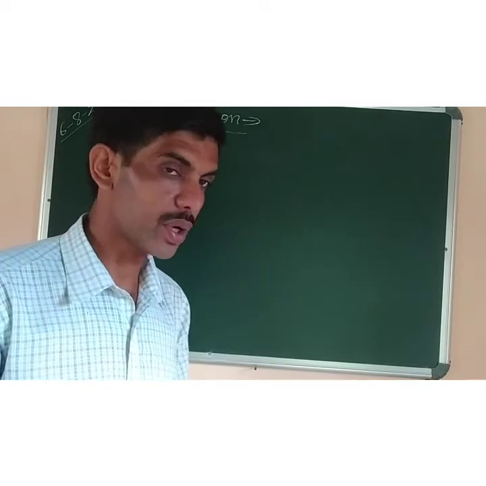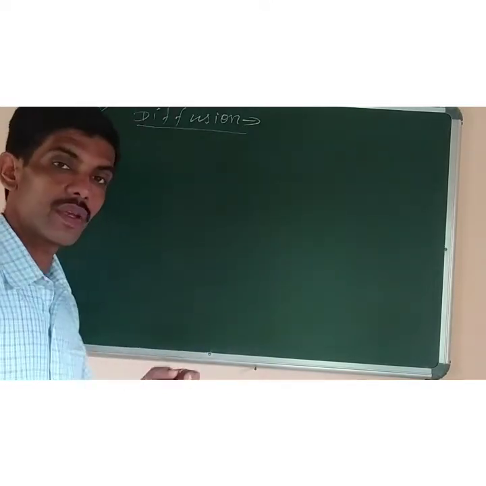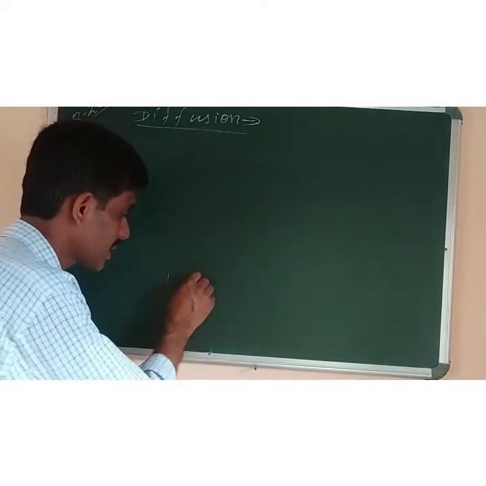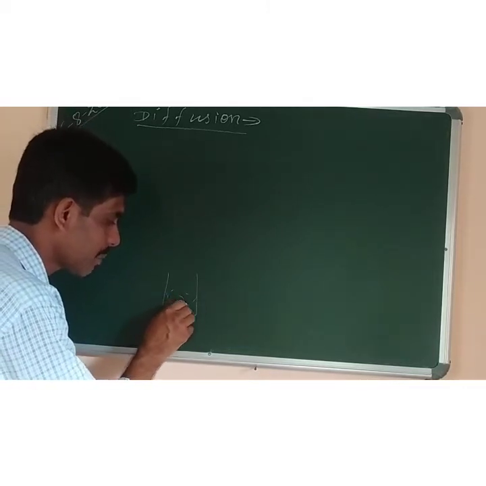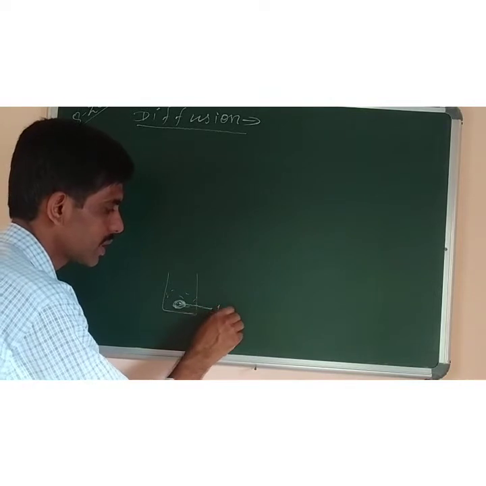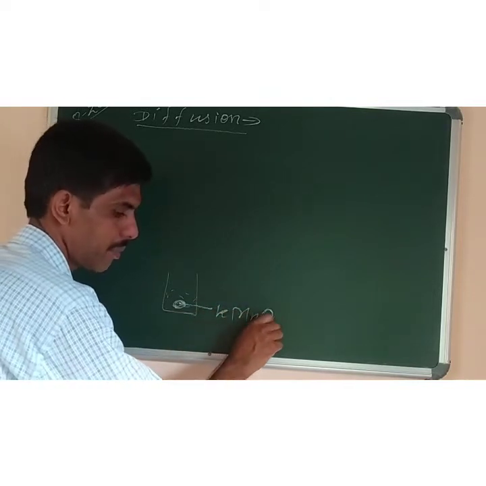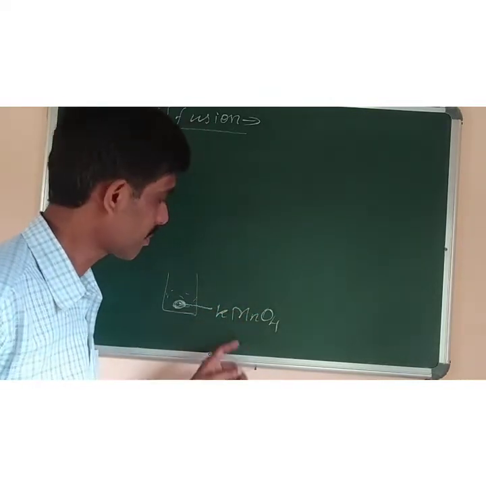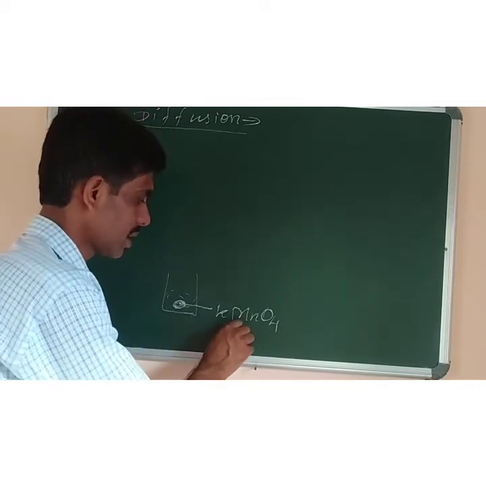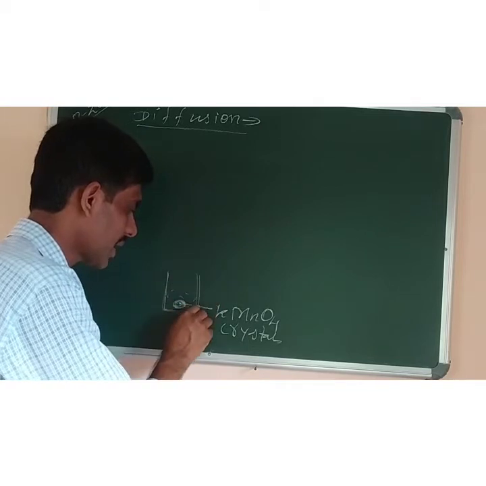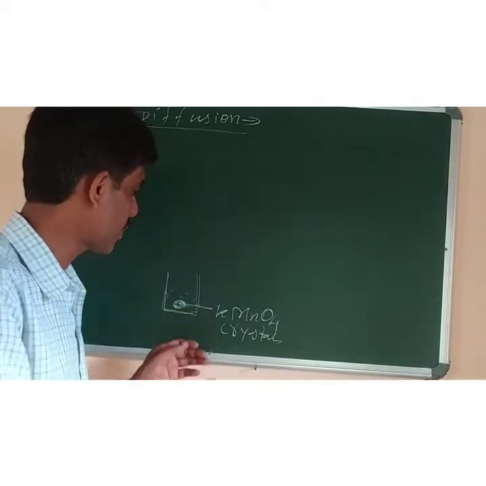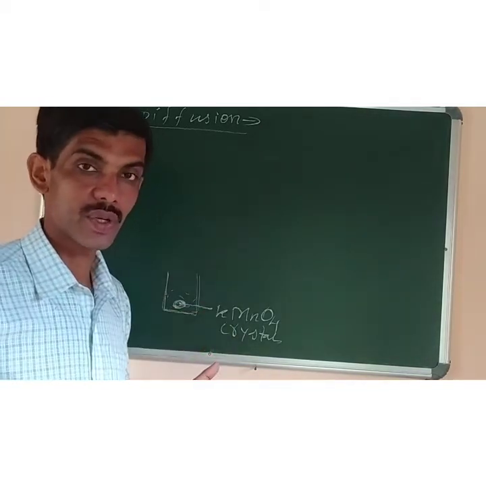There is an experiment also that can be done. You have to take potassium permanganate crystals. Take a beaker containing water, put some potassium permanganate, KMnO4, crystals. If you keep it in a beaker containing water, after some time you will find that the color of water will change. Why?